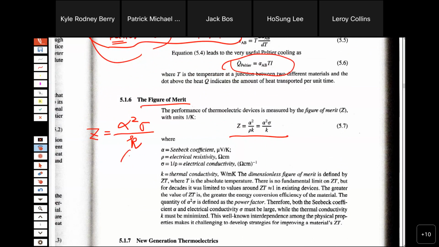K is thermal conductivity, alpha is the Seebeck coefficient, and sigma is the electrical conductivity, or the inverse of electrical resistivity. Z turns out to be the inverse of temperature. So Z times T is dimensionless.